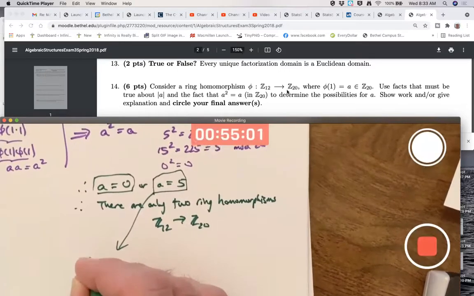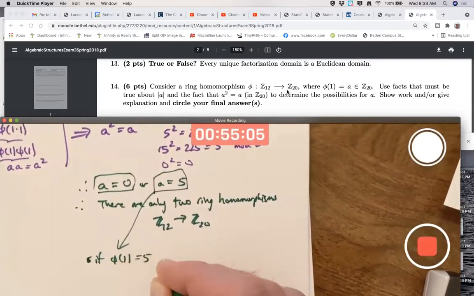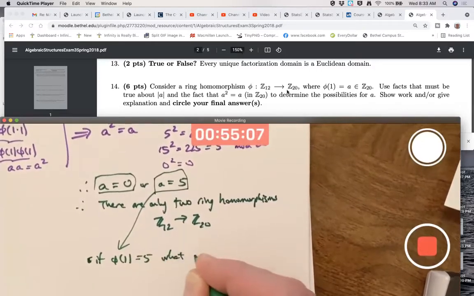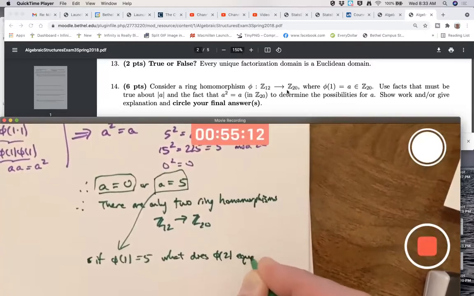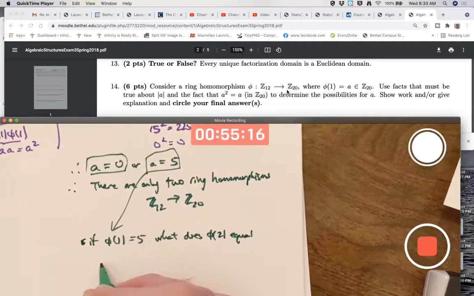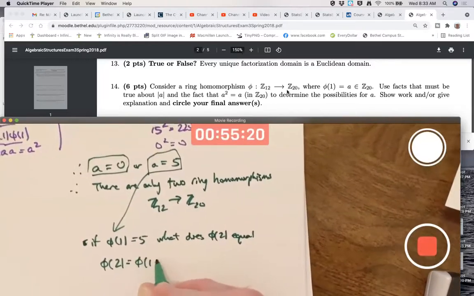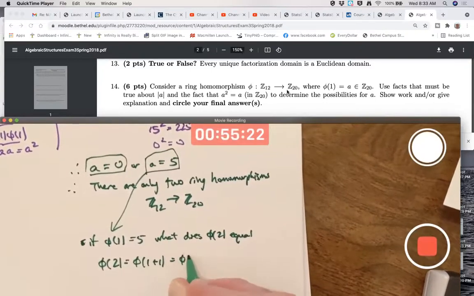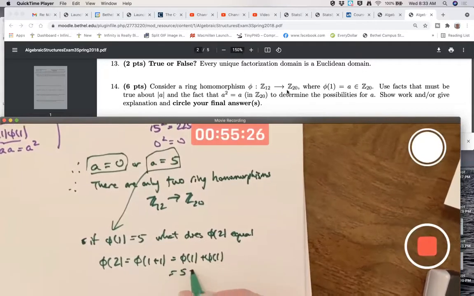So if phi of 1 equals 5, what does phi of 2 equal? It's probably best to use the fact that phi is operation preserving under addition to do that. 2 is 1 plus 1. So this is phi of 1 plus phi of 1. 5 plus 5 is 10.